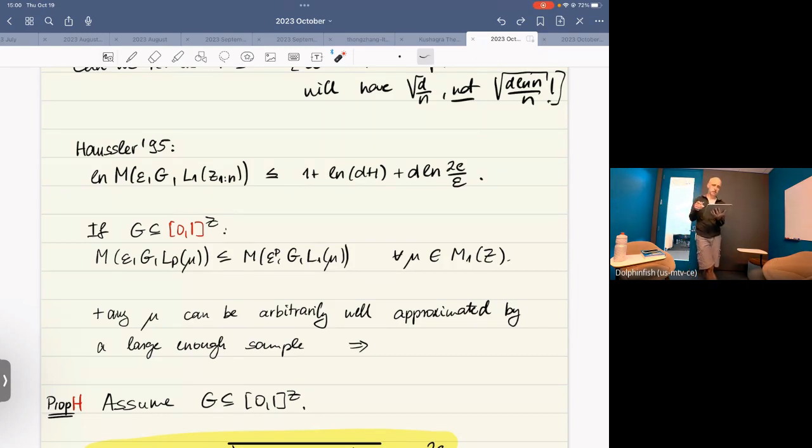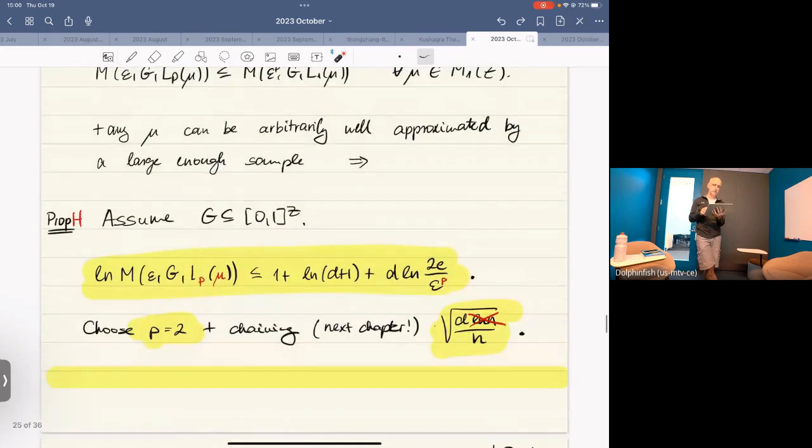But here, Haussler proves this, and the book proves something slightly weaker. But if you have this result, then you can figure out very easily that the packing numbers are related this way. That's just a little bit of syncing between the metrics, the L1 and Lp metrics, how they are related to each other. And also that you can go from the empirical metrics to just any metric, and that allows you to prove this result.